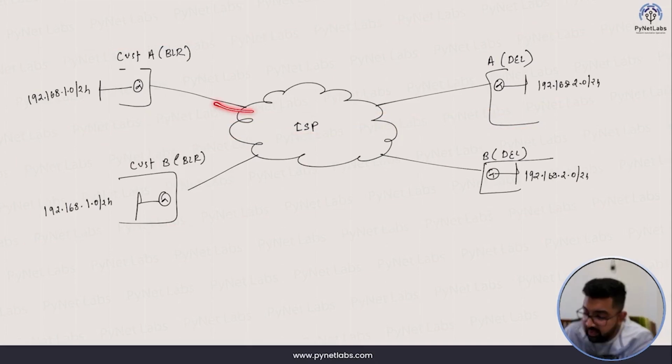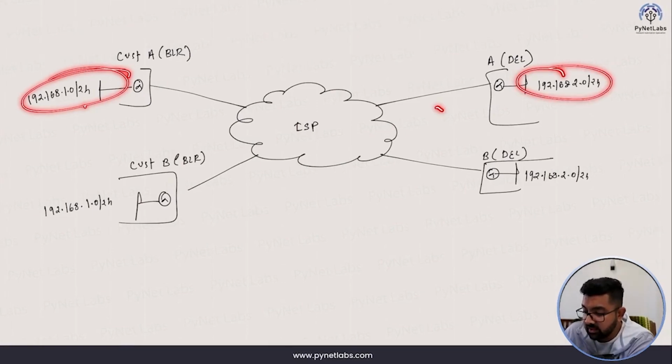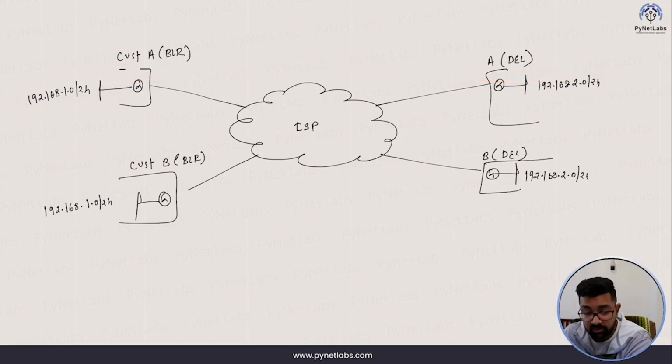Customer A, using the ISP private network, wants to distribute the routes. So the communication between this network and this network will only be possible if these routes are exchanged from one point to the other point, right? And specifically, both of these customers are going to be connected to the same router on the ISP side over here also.